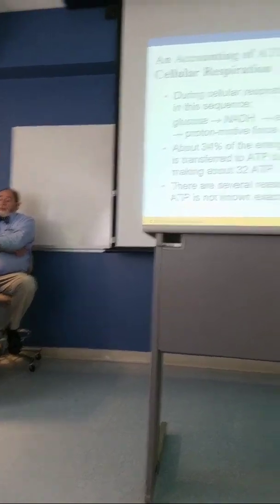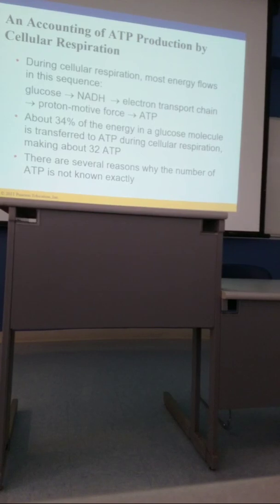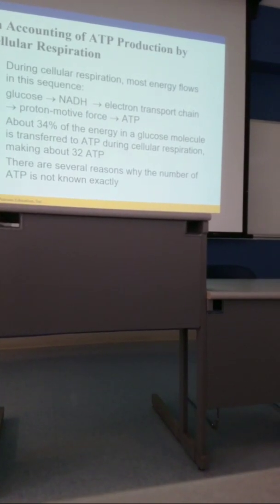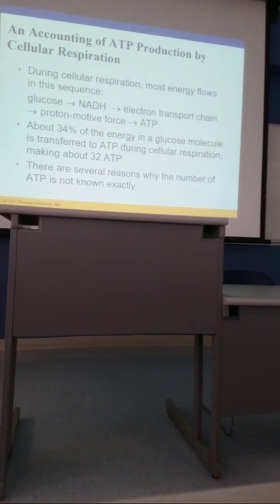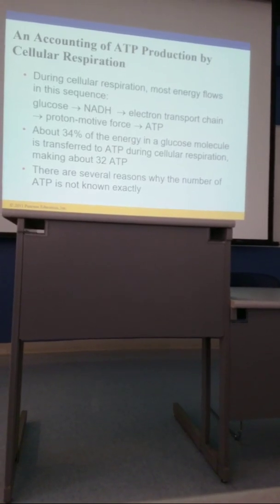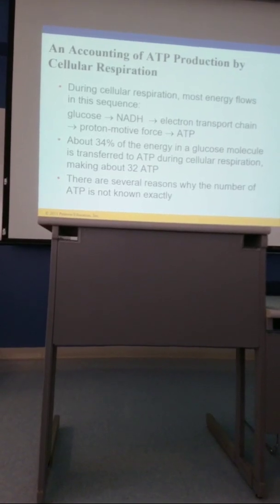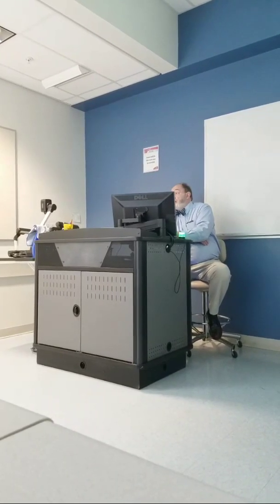Notice it says we make about 32 ATP, and that's 32 ATP of free energy for use. And as it says at the bottom, we can't tell you exactly how much ATP is made because people's physiology is different. If you give somebody one drug, one person's body could have one effect and another taking the very same drug could have a different effect.